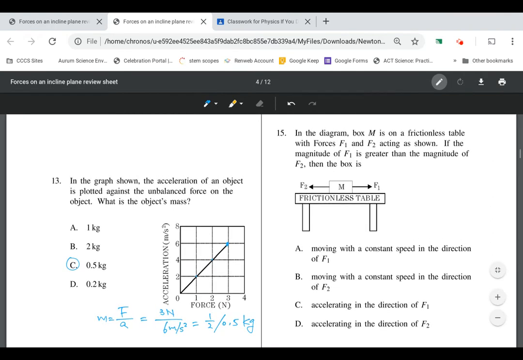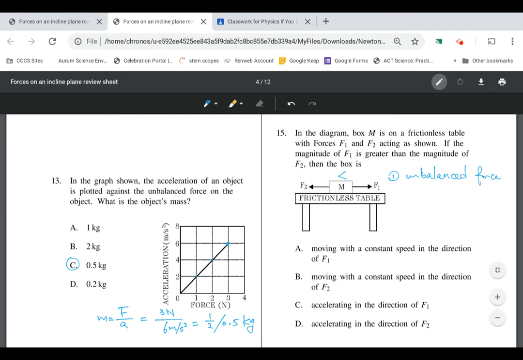Number 15. In the diagram, box M is on a frictionless table with force 1 and 2. If the magnitude of F1 is greater than F2, so F1 is bigger than F2, that means, first of all, there is unbalanced force, right?